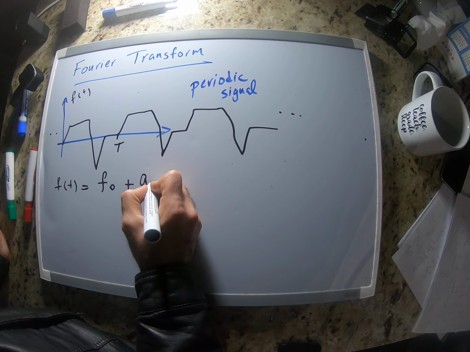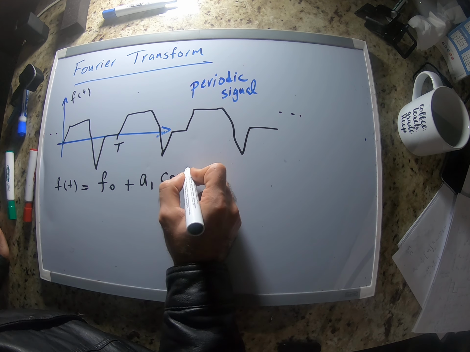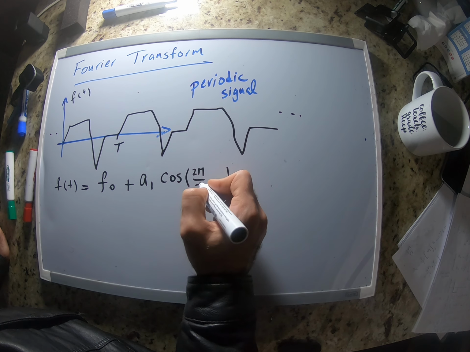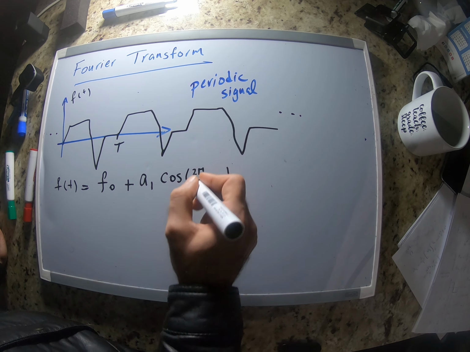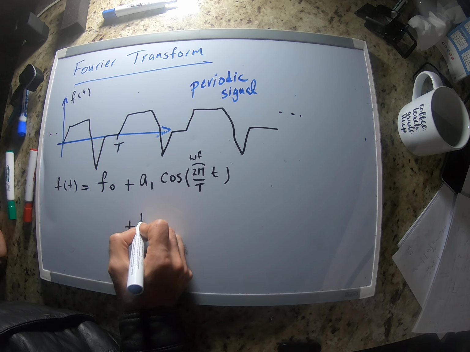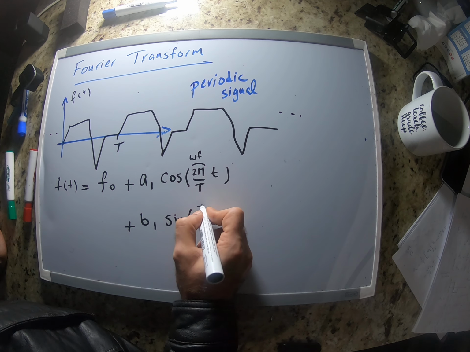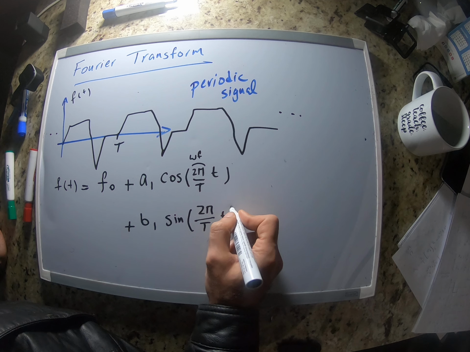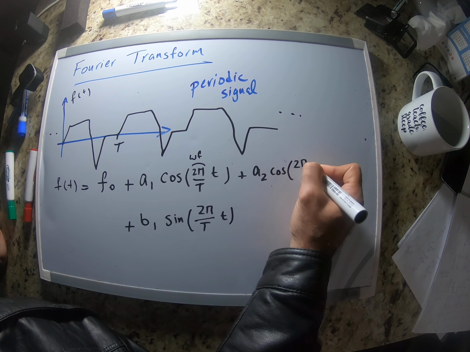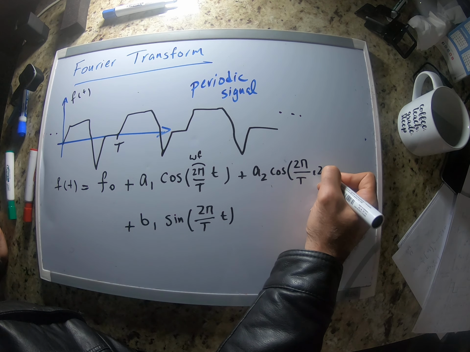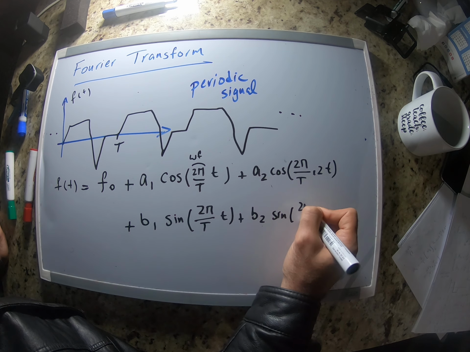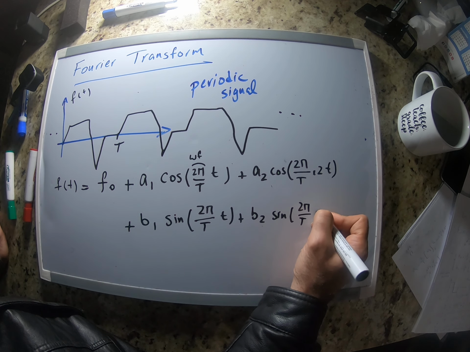let's say A1 cosine of 2 pi over T, this is omega, times t, plus B1 sine of 2 pi over T times t, plus A2 cosine of 2 pi over T times 2t, plus B2 sine of 2 pi over T times 2t.